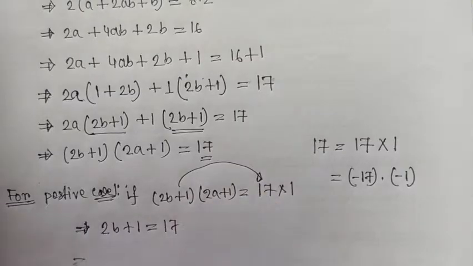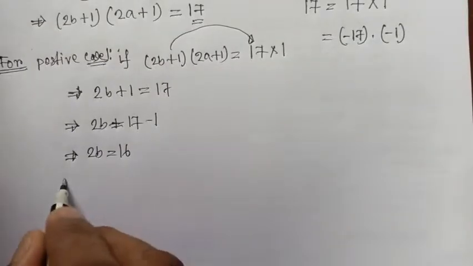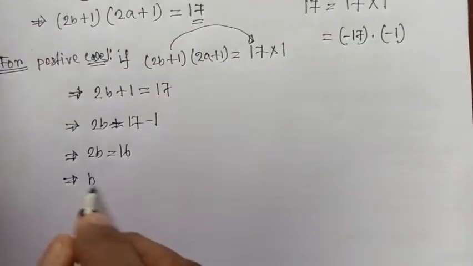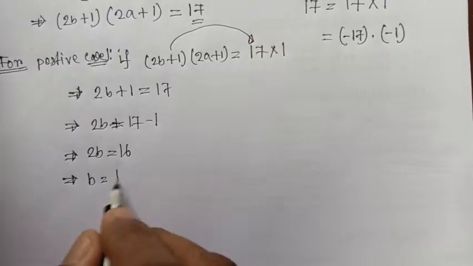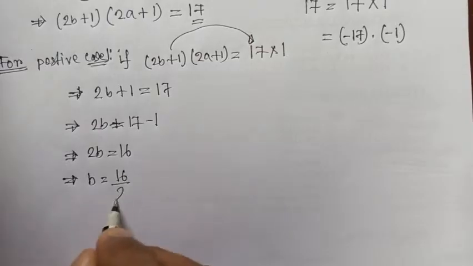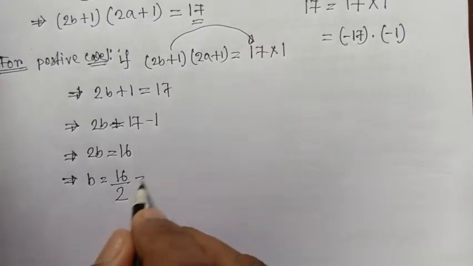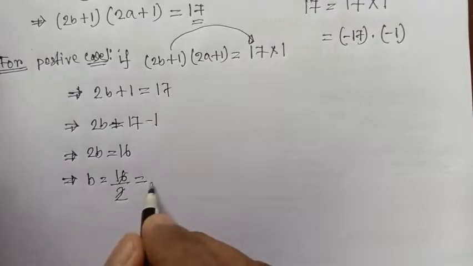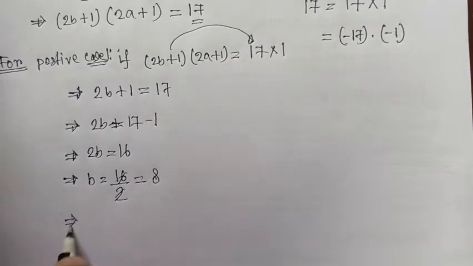Okay, we are getting 2b equals 17 minus 1, 2b equals 16, or b equals 16 by 2, that will be 8. So we are getting the value of b equals 8.